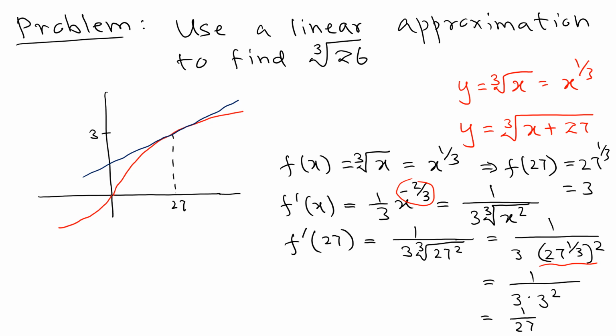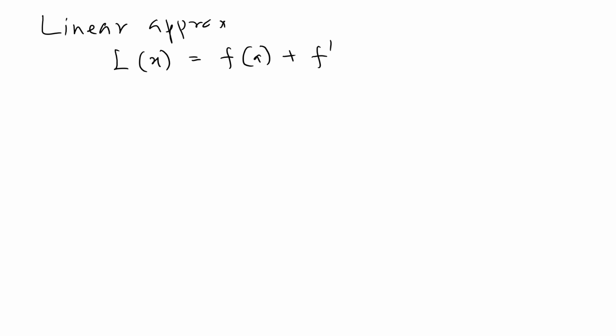Now you know the point and the slope, so we can use the point-slope form. The linear approximation is L(x) equals f(a) plus f prime(a) times (x minus a).